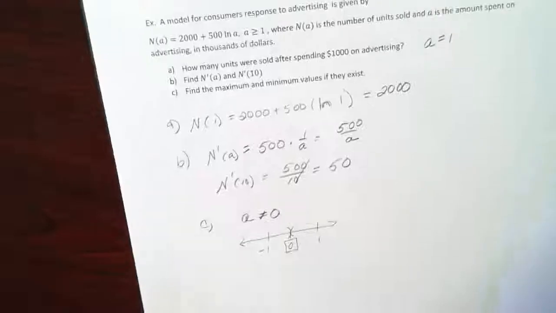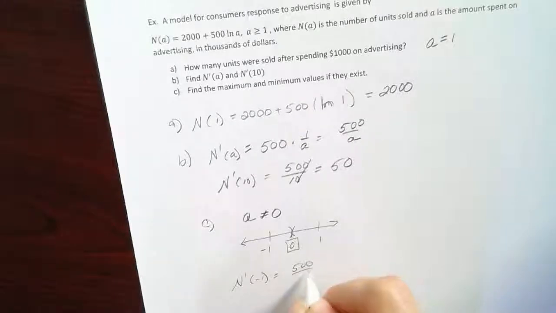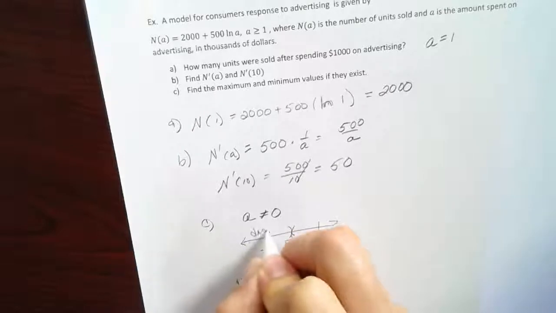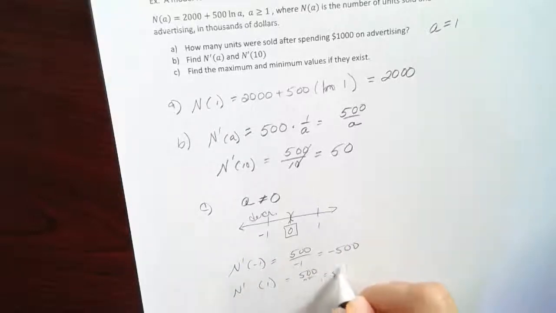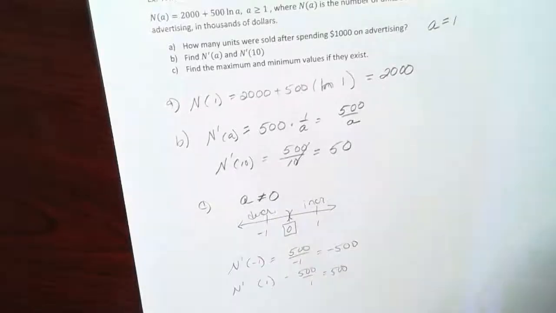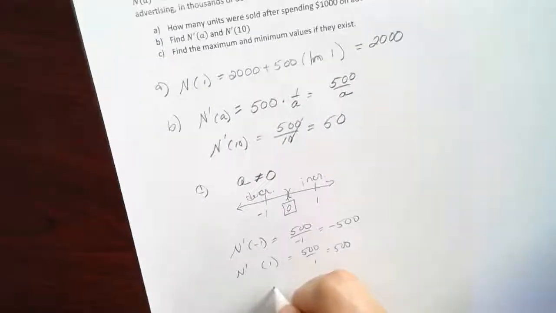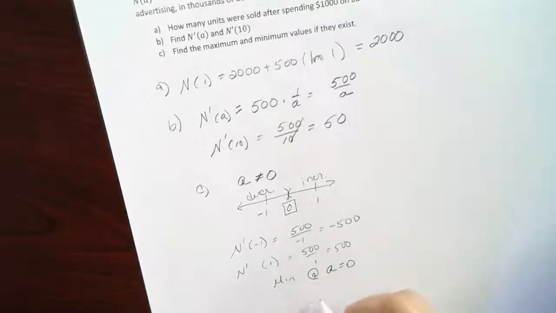Not that -1 makes much sense, but let's go ahead and test it. So N prime of -1 would be equal to 500 over -1, which is -500. So here we are decreasing. And N prime of +1 is 500 over 1, which is 500, which is positive. So on the right side we are increasing, which means at 0 there would be a minimum value. And there would be no max.